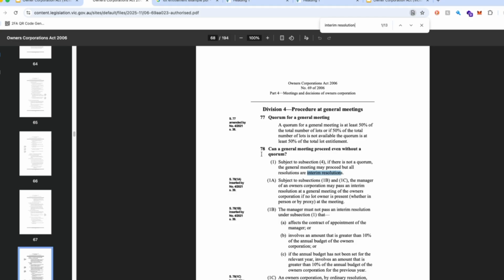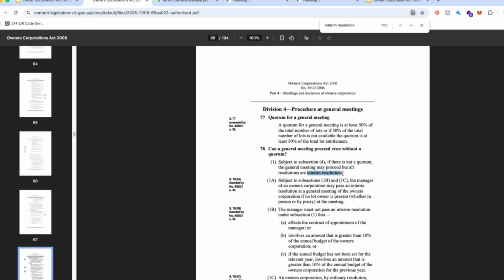So this is section 78, specified quite clearly. Let's say an item in a general meeting did not reach quorum. However, for the people who participated in that general meeting, for the people who voted, over 50% have voted yes to the item.